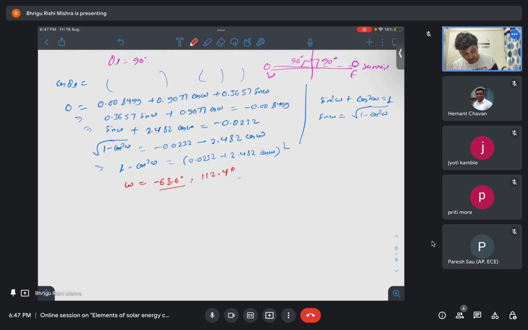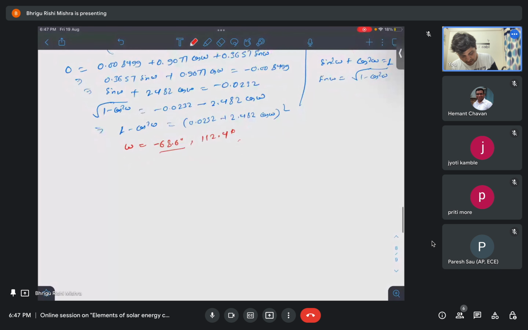So we can consider the sunrise hour angle omega s is minus 68.6. Since we have already written sunrise, we don't need to use the minus sign, so it is 68.6 degrees. Now we can calculate the total time with respect to solar noon for the sunrise time.